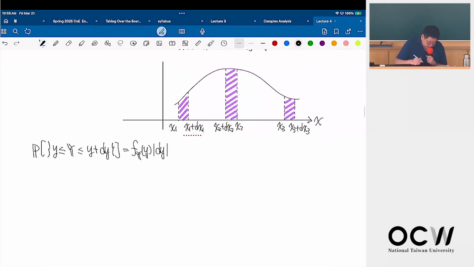And then for x, the probability of x being between x1 and x1 plus dx1 is the PDF of x at x1 times dx1.